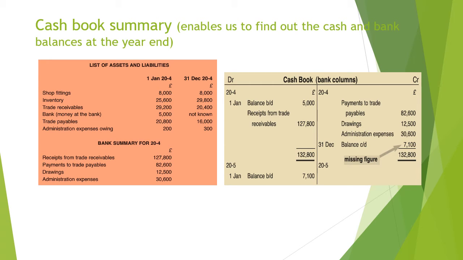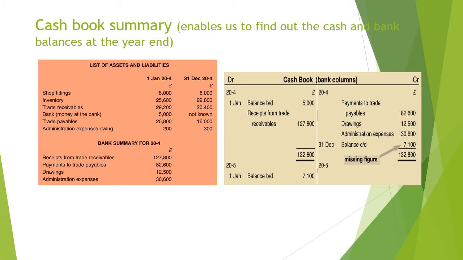Payments to trade payables: total payments made were £82,600. The owner took some money for his own personal use under the heading of drawings, £12,500. Administration expenses were £30,600. Receipts from trade receivables, like the people who bought something from us and then have paid. When you receive money from someone, you have to debit it.